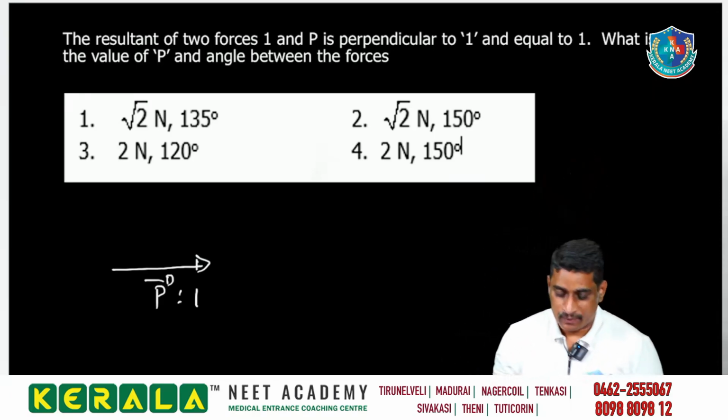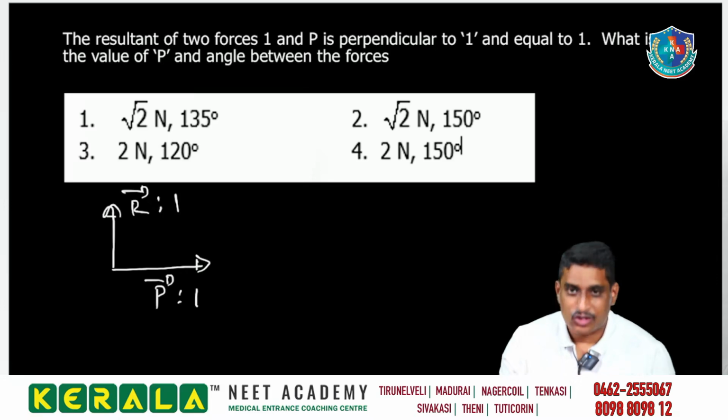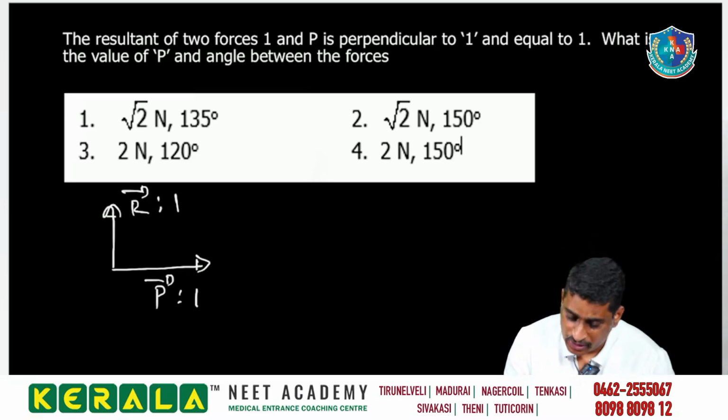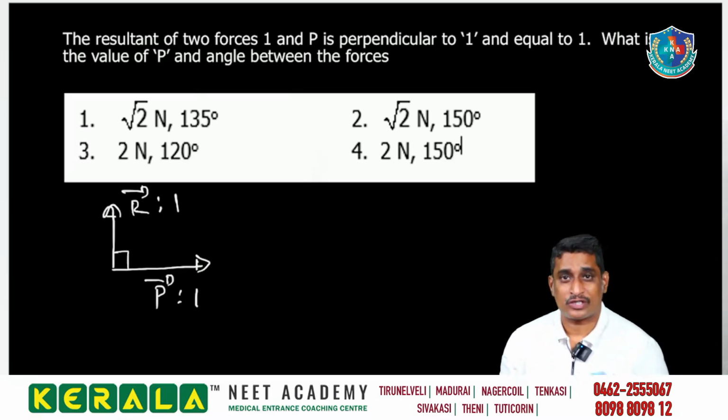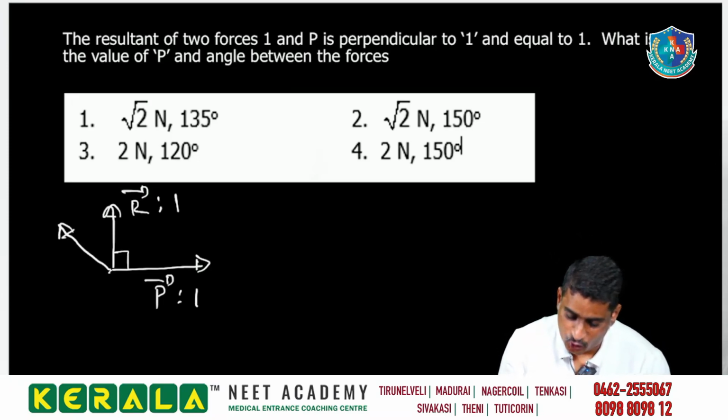That is the case they have given. So this is resultant R bar, its magnitude is 1, which is making an angle of 90 degrees with the first vector. Definitely that second vector should come like this, Q bar.